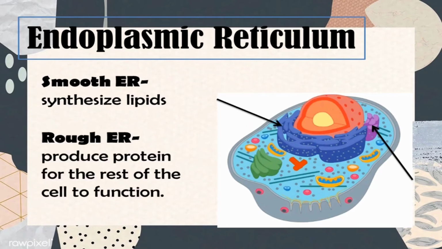The rough endoplasmic reticulum has ribosomes attached that help in packaging and producing protein for the rest of the cell to function. It is called rough because it is covered with bumpy ribosomes, and these ribosomes make specific proteins transported in small sacs called vesicles.